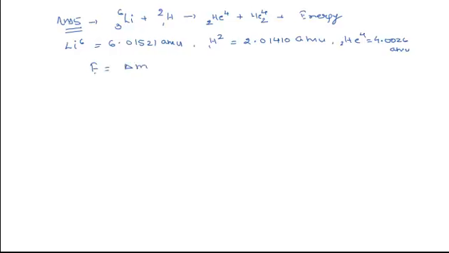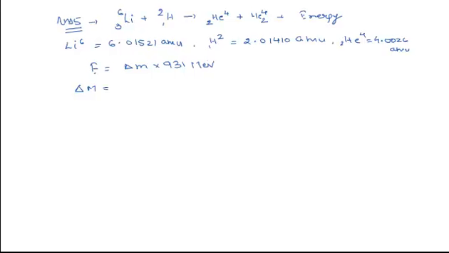So energy is equal to delta M into 931 mega electron volts, right? So what do you need to find out first over here? You need to find out delta M.